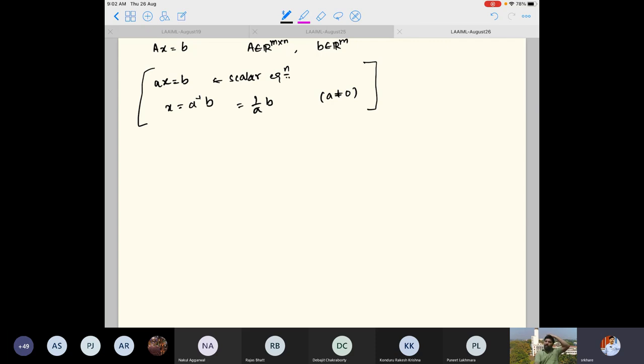So what we were trying to do was come up with an analog for this concept of inverse in matrices.